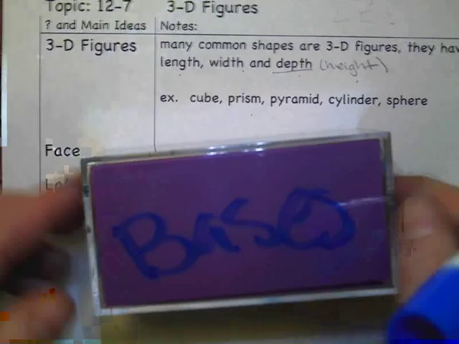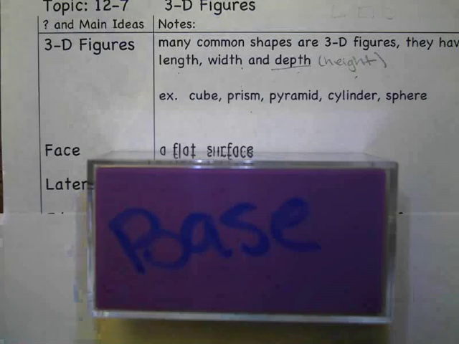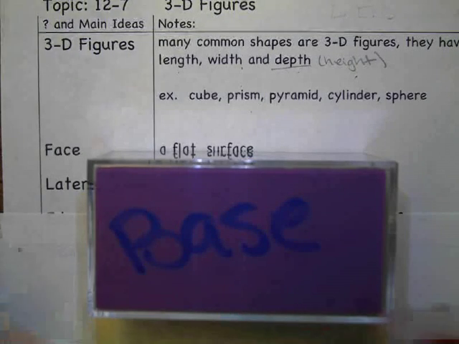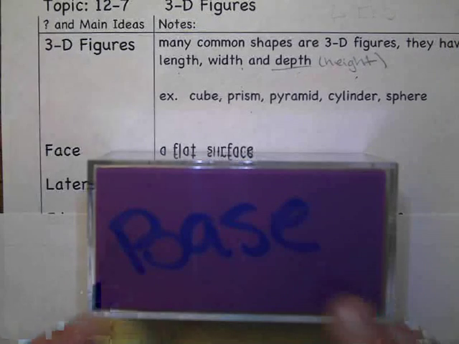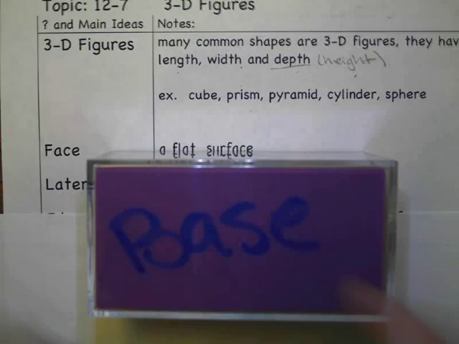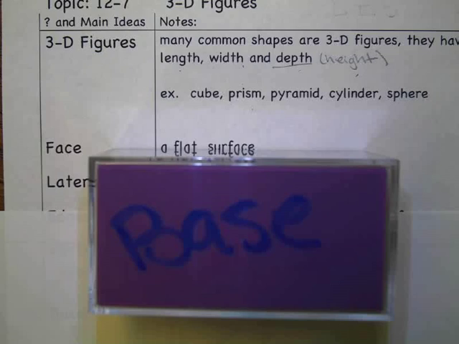So if I remove the bases, I take away 2 of the faces. And the faces that I'm left with are the lateral faces. So the lateral faces are the faces when you take off the bases. So now I have a base here and a base on the bottom. I have 1, 2, 3, 4 lateral faces.